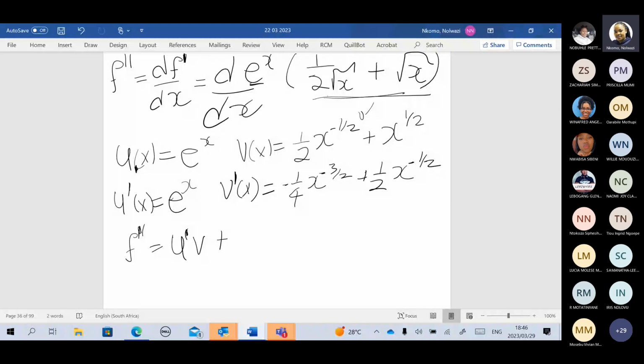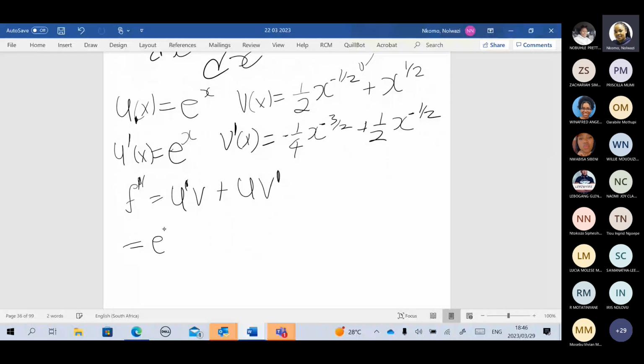Our u prime is e to the power x, and our v is, okay, I'll write this as 1 over 2 x to the power a half plus x to the power a half, right? Plus our u is e to the power x, right?